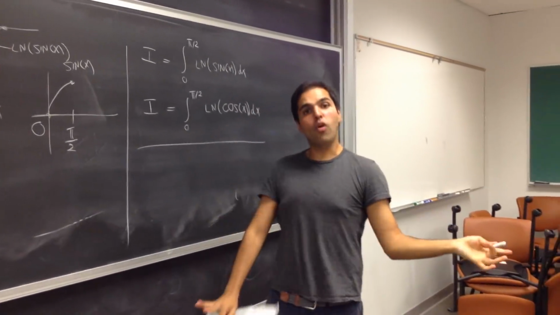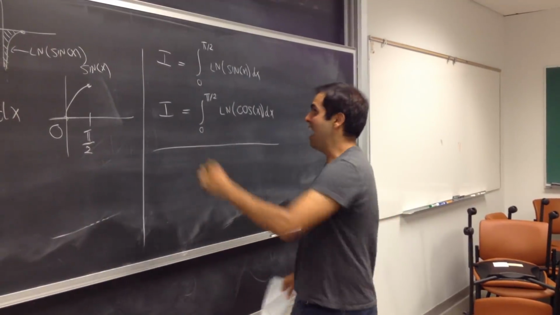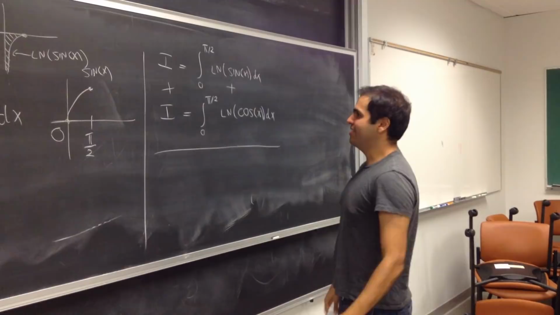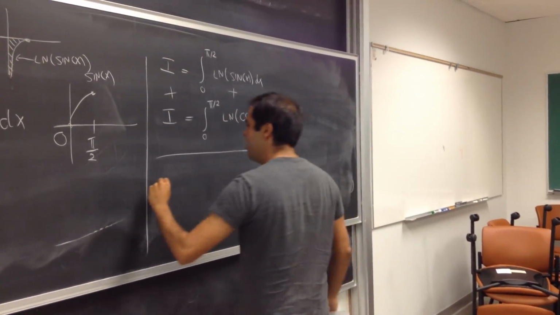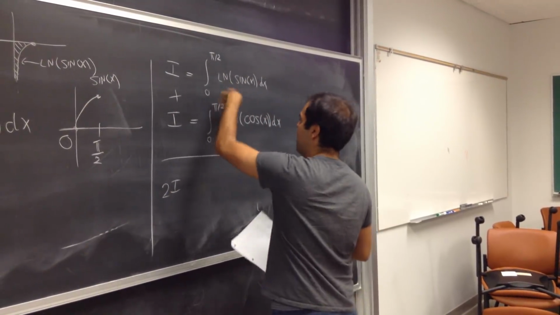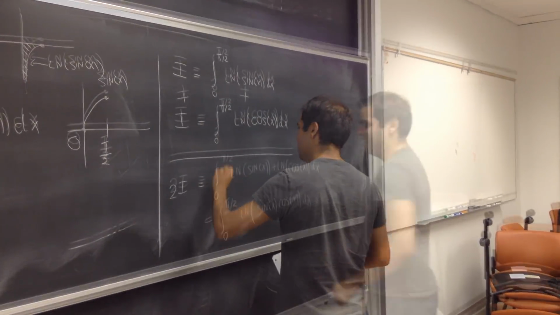Before, with e to the minus x squared, we multiplied them; now we will add them. Because the sum of ln's, they literally multiply like bunnies do, because ln of a plus ln of b is ln of a times b.